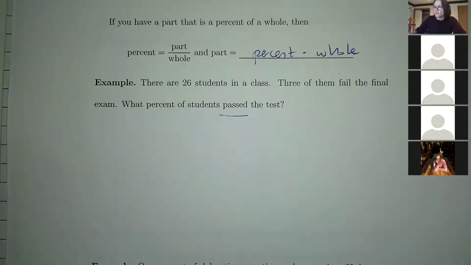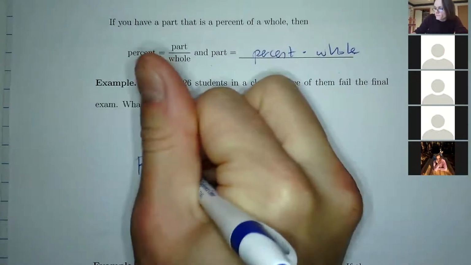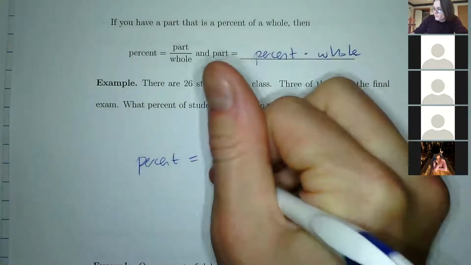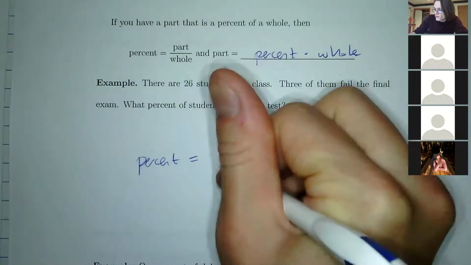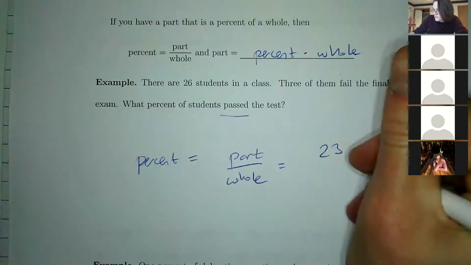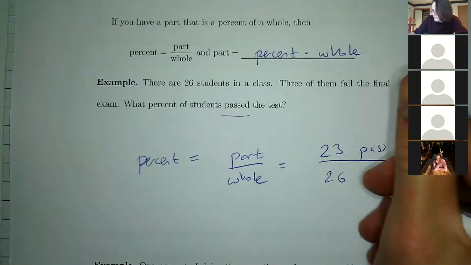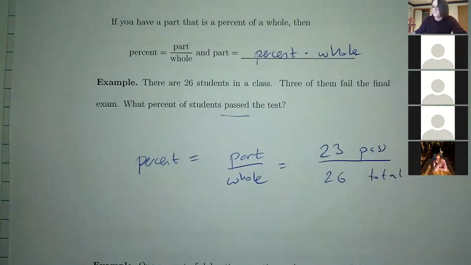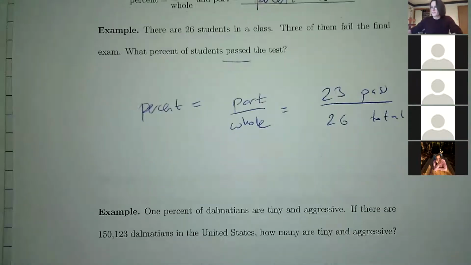Yeah. So you'll have percent equals part over whole. And so I had 23 pass. And then there are 26 total. Right, so you get 23 over 26.